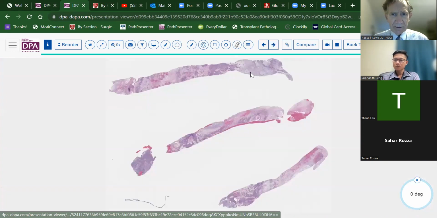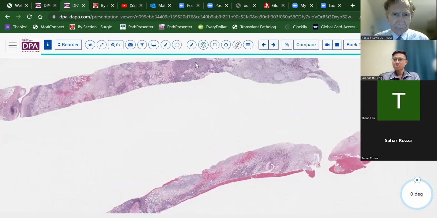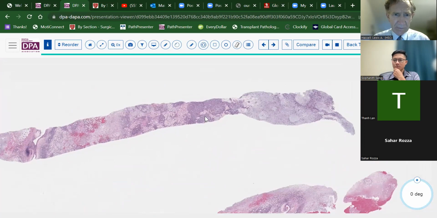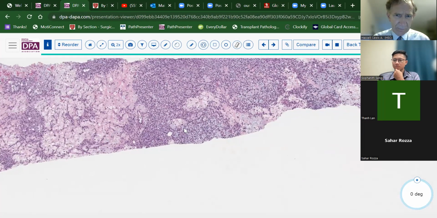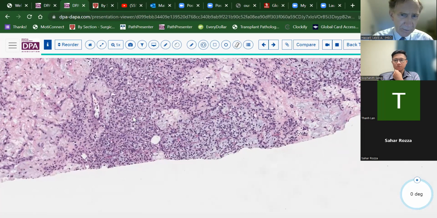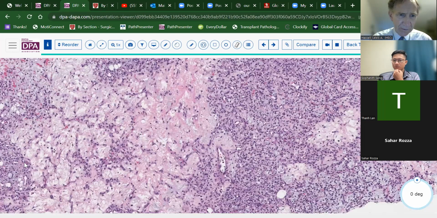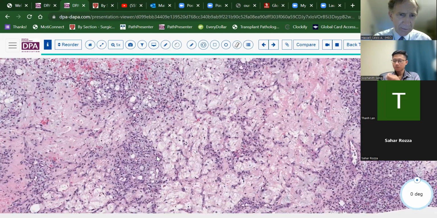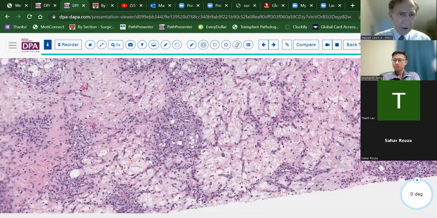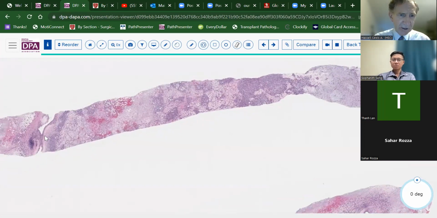Okay, one more case here. So we're looking at a needle biopsy on a patient.